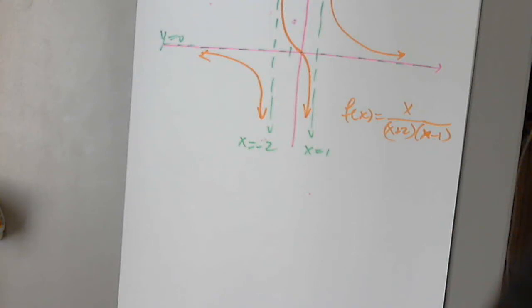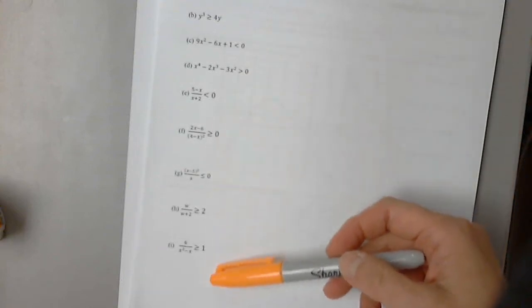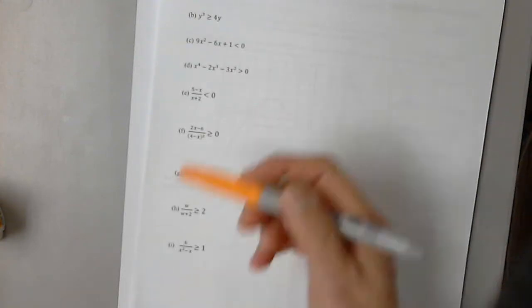Last thing before we start chapter 6, I wanted to go over solving polynomial and rational inequalities. Ryan, any question? Okay, so let's choose from here. We've looked at three or four problems like this, so let's pick something else.